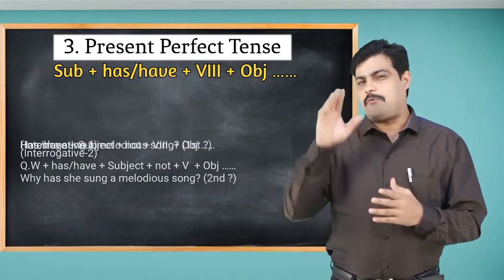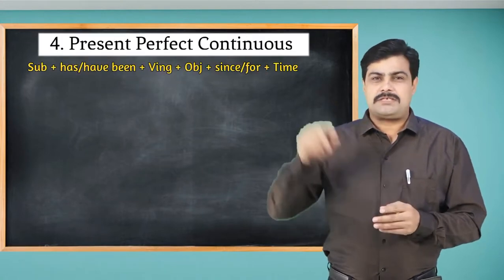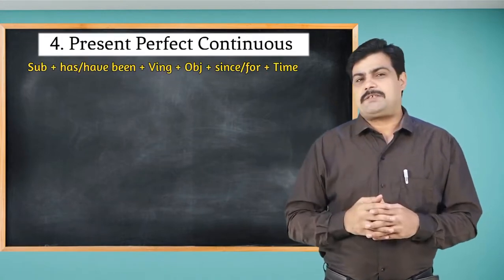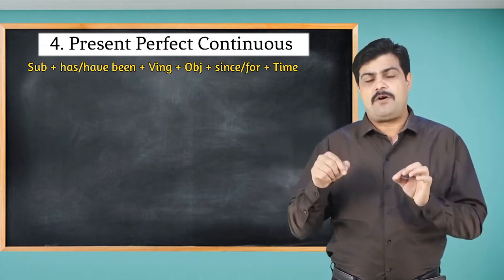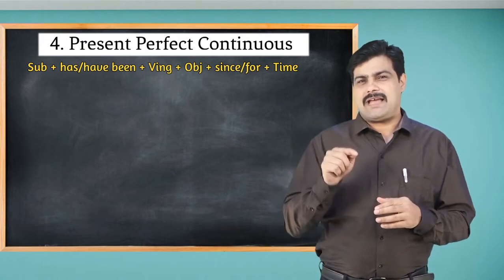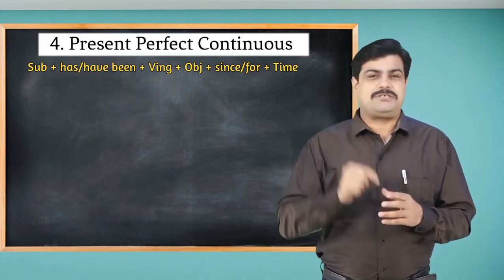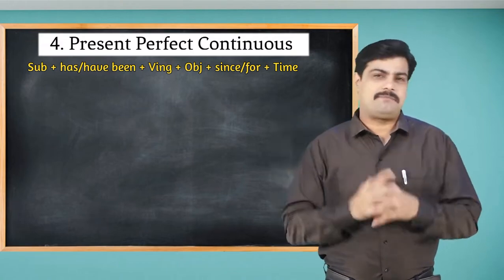Now let's take the fourth one, present perfect continuous. The structure is subject plus has or have been plus verb ing form plus object. Plus one thing is there, time duration, for which we use since or for plus time.